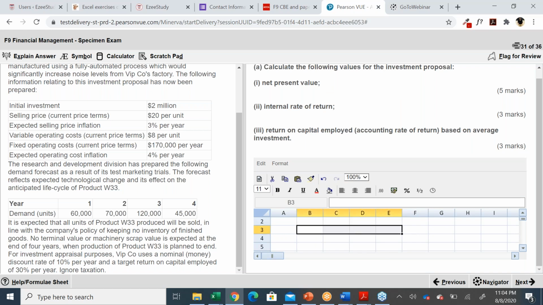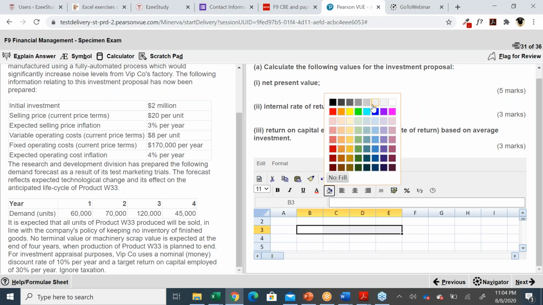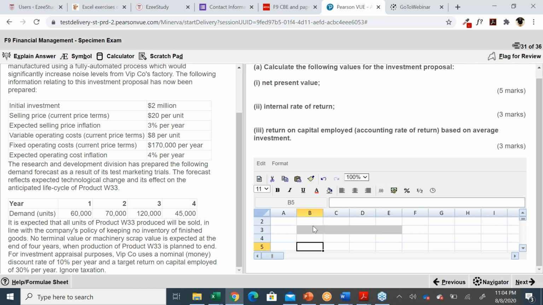Let's say, for example, we have 4 columns and we just chose a color from here, and we just wrote year 1, year 2, year 3, but don't use it unnecessarily. It should be for the beautification and highlighting things. Wherever required, do it only then. There are no marks available for these things, so don't use it unnecessarily.